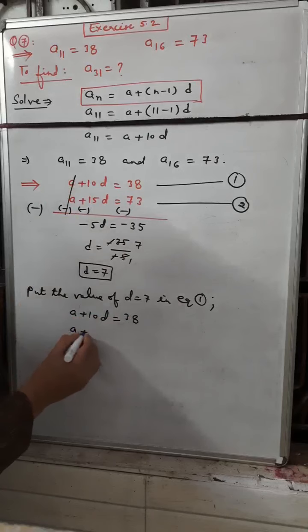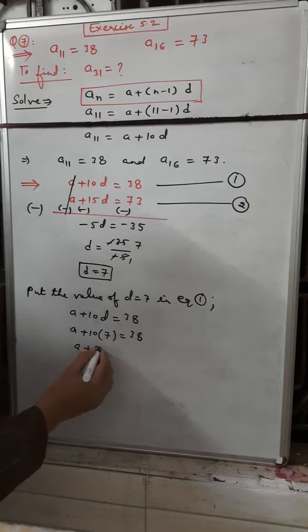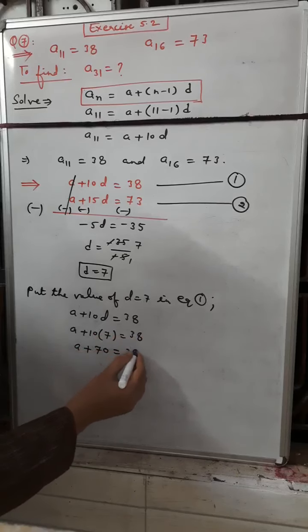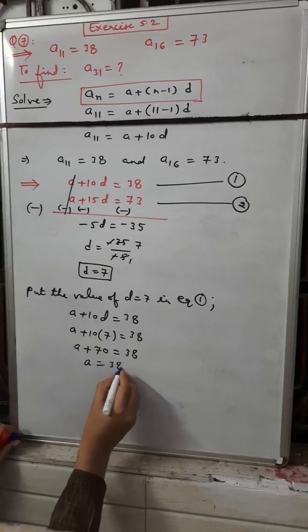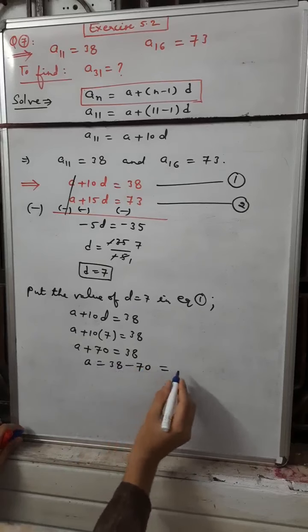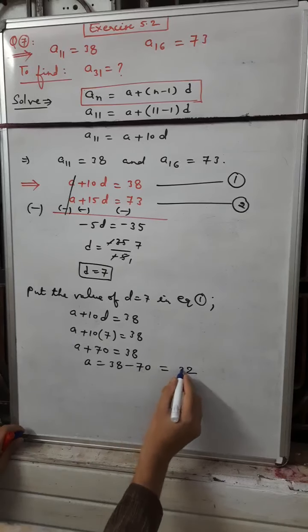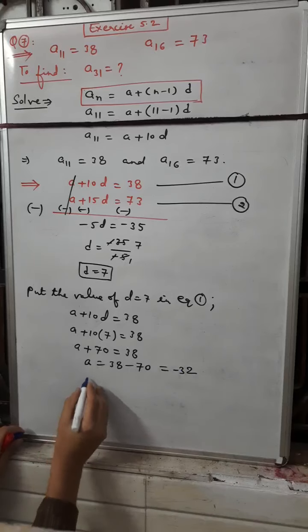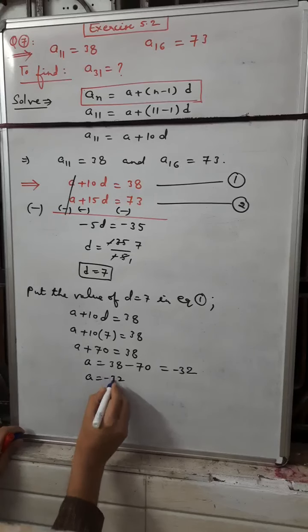Put d is equal to 7: a plus 10 times 7, which is 70, is equal to 38. That means a is equal to 38 minus 70. So what will be the answer here? It is negative. So a is equal to minus 32, we got.